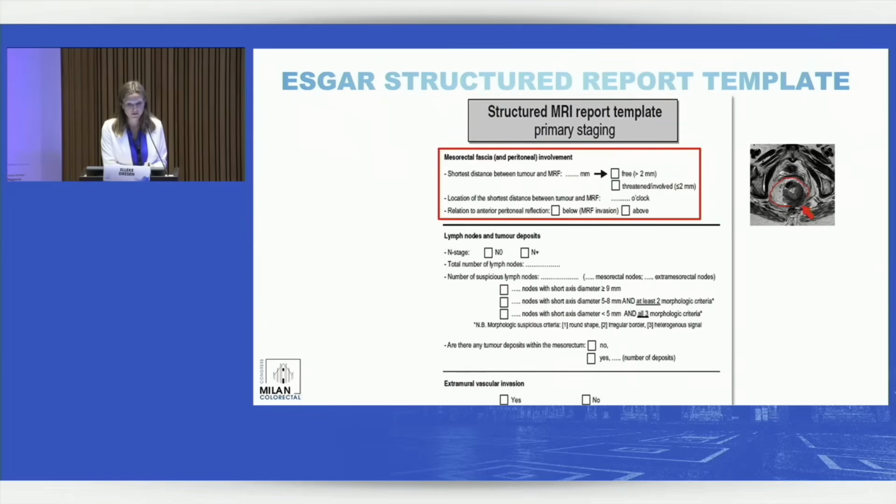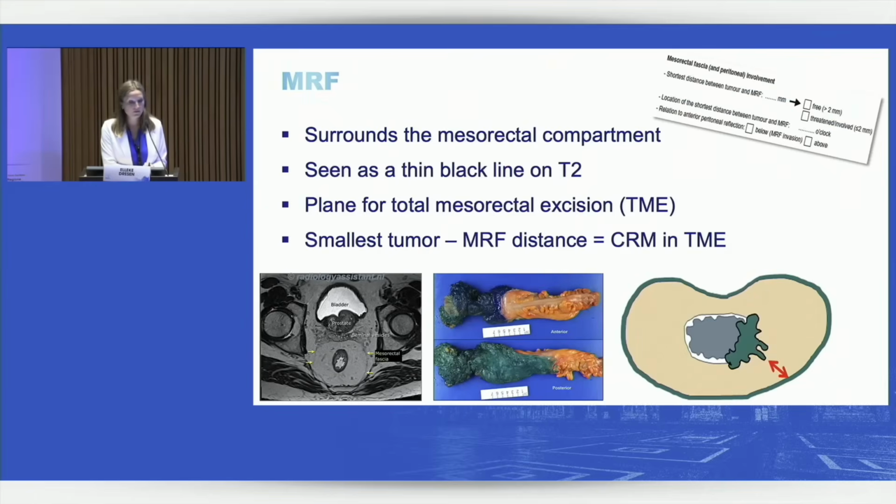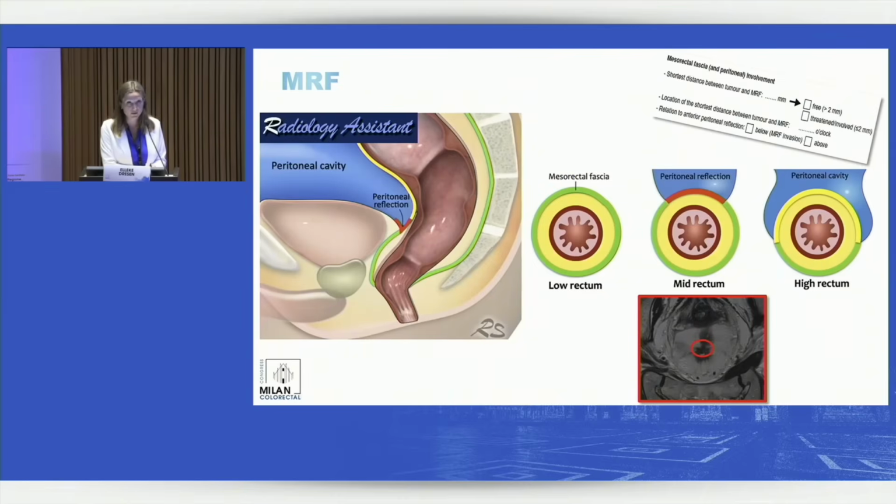The mesorectal fascia. It's nicely seen on the MRI. It is a thin black line that surrounds the mesorectal compartment, and of course in standard TME surgery that's your surgical plane, and we can really have a good evaluation of the distance between the tumor and the mesorectal fascia.